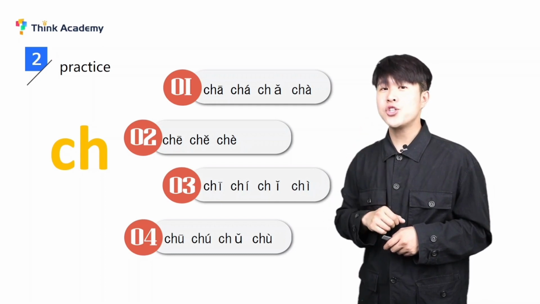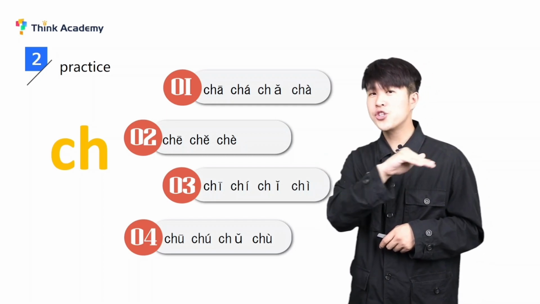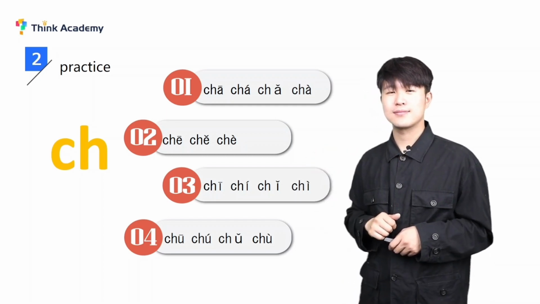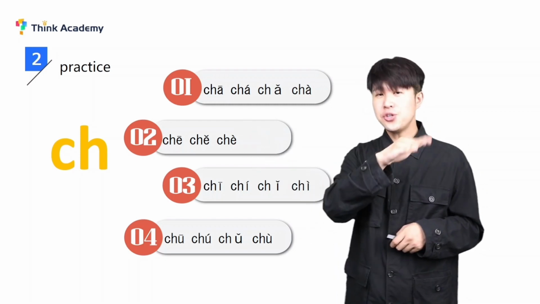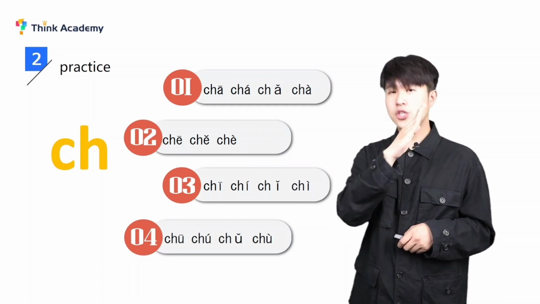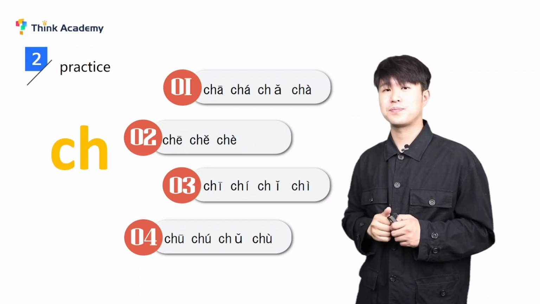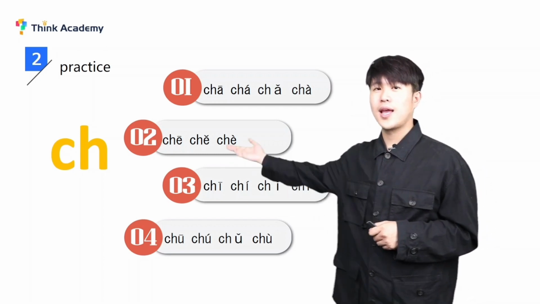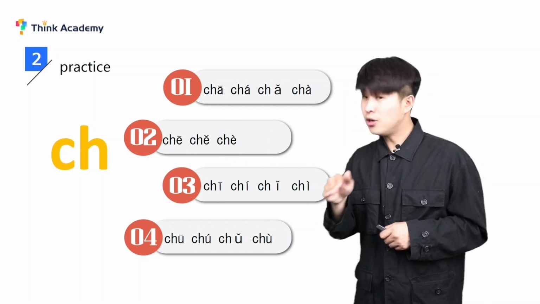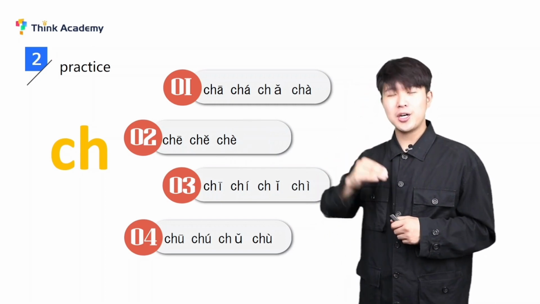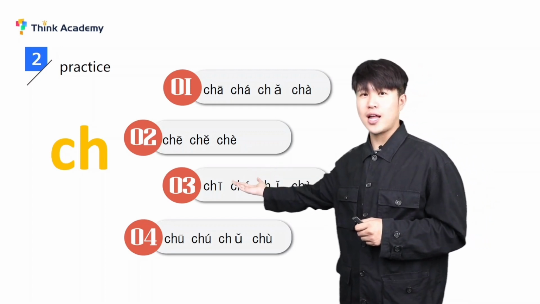First one, 吃车，吃车，车。Third one, 吃扯，吃扯，扯。Fourth one, 吃撤，吃撤，撤。Okay, the third line.